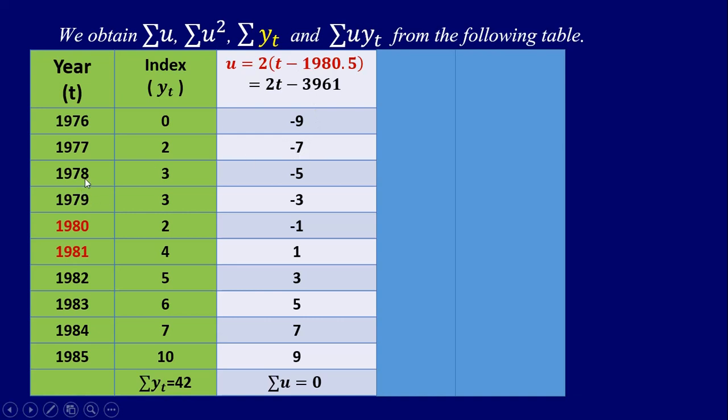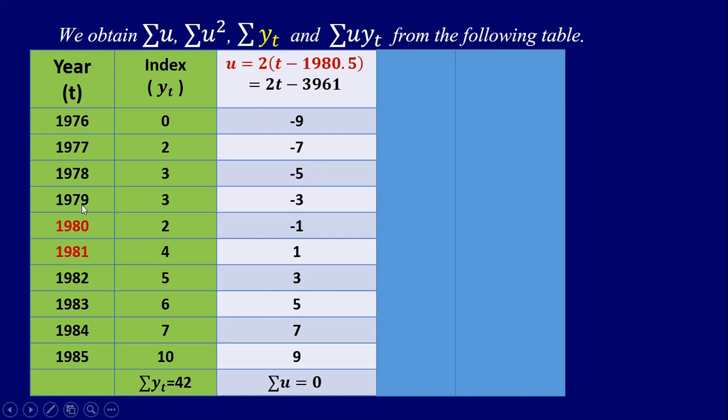Again, the third value for t is 1978. We substitute 1978 here. 1978 minus 1980.5 is equal to minus 2.5. Now minus 2.5 into 2, we get minus 5. We write here minus 5.